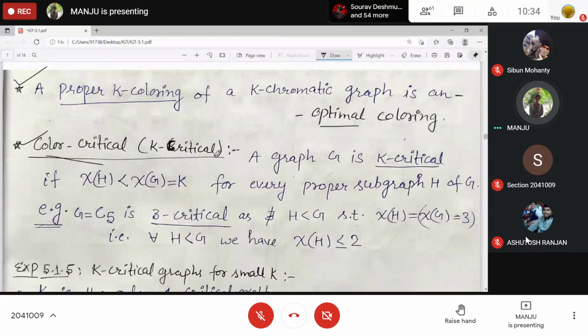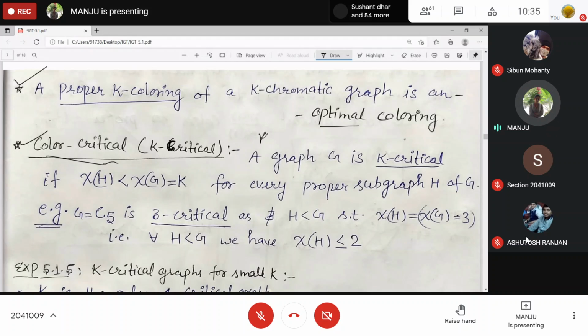Color critical. A graph will be color critical, or K critical, you can just say, if you take every subgraph, any subgraph of G, that is less than K chromatic. Clear?